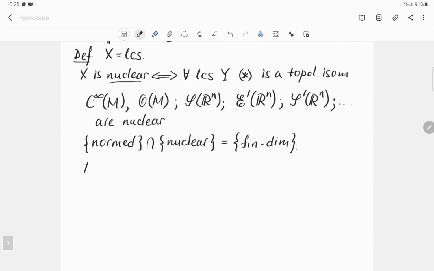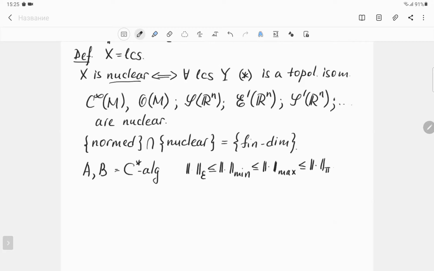If we take two C-star algebras A and B, then the injective tensor norm is less than or equal to the minimal C-star tensor norm. This is less than or equal to the maximal C-star tensor norm. And this is less than or equal to the projective tensor norm.